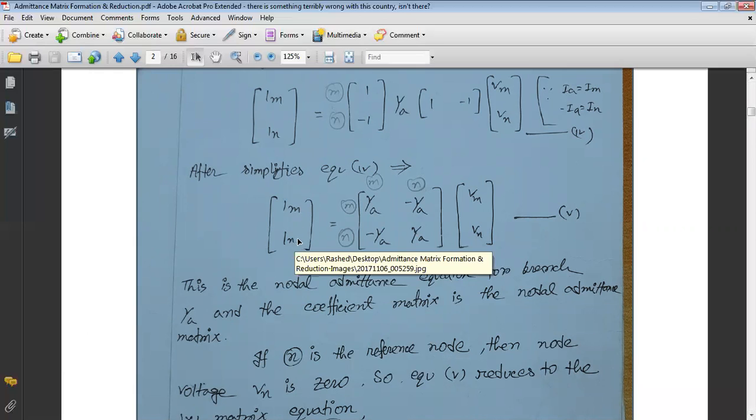Current is equal to voltage into admittance, or admittance into voltage. There are two nodes and two voltages, Vm and Vn.